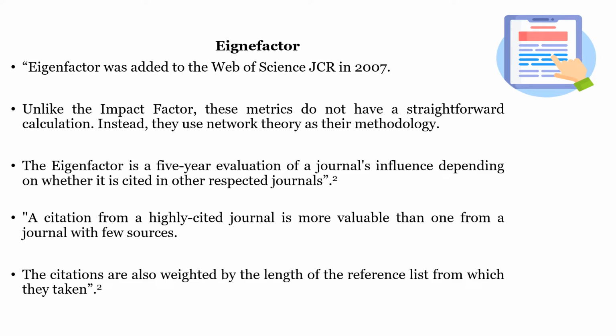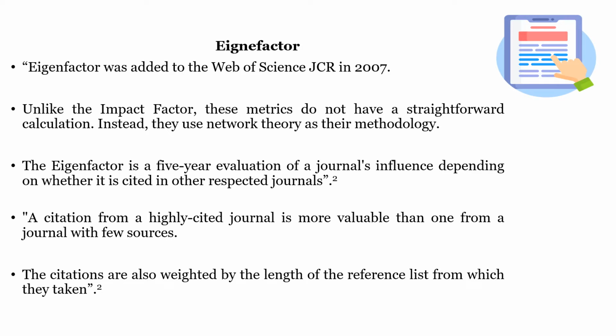Eigenfactor. The second journal level research metric is the Eigenfactor. It gives the highest weightage to citations from influential journals and does not consider the self-citations. See, impact factor can be varied if there is self-citation, that is, if a person is citing his own publication.